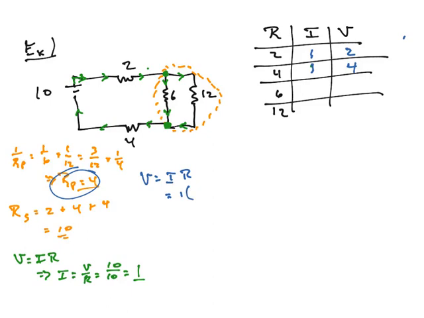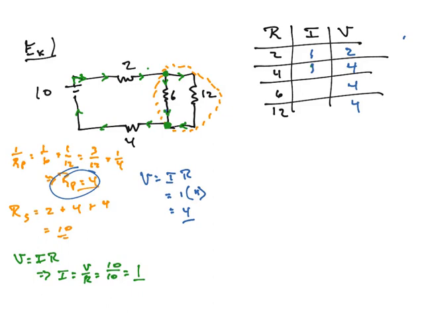The equivalent resistance of that parallel set is the 4. And so I have a total voltage drop of 4. So that would tell me the 6 drops 4 and the 12 drops 4, because if the set drops 4, each branch drops 4, and each branch is a single resistor. So each one drops 4. That's one way to do it. If that's the way you want to do it, fine. That's perfect. To me, there's an easier way.